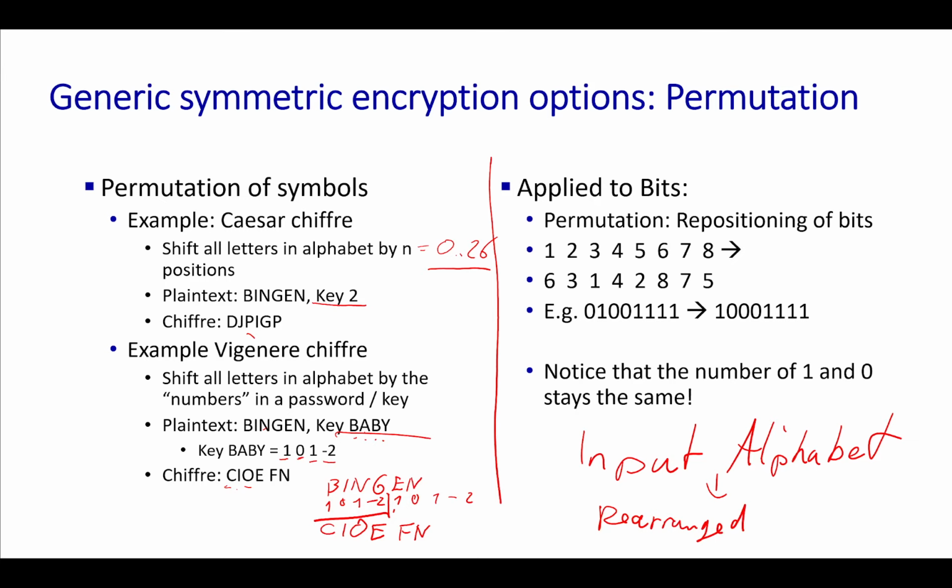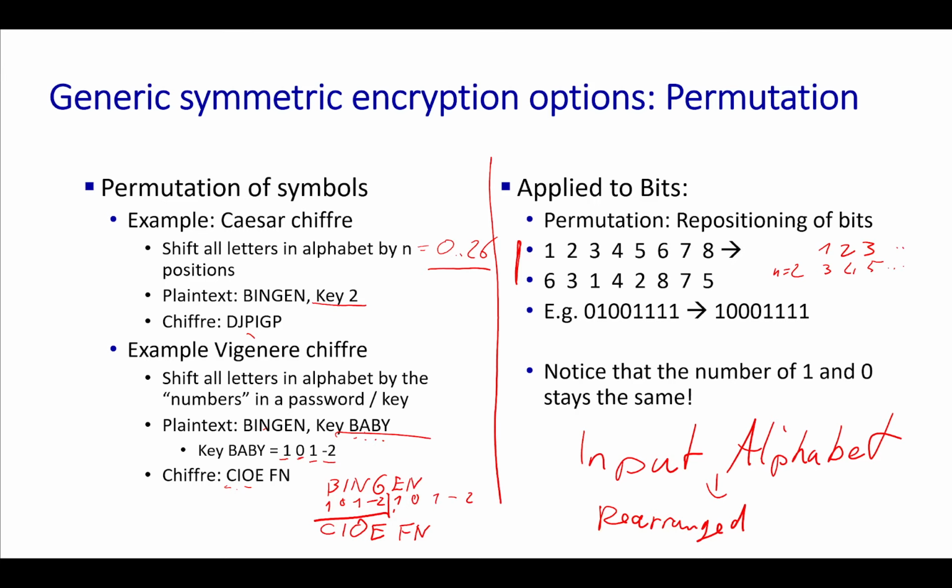So basically, if this would be our input alphabet 1 to 8, and we rearrange it, this is the permutation. With Caesar, that's very simple, 1, 2, 3, up to 26. If our key is 2, then it is like this, and so on.